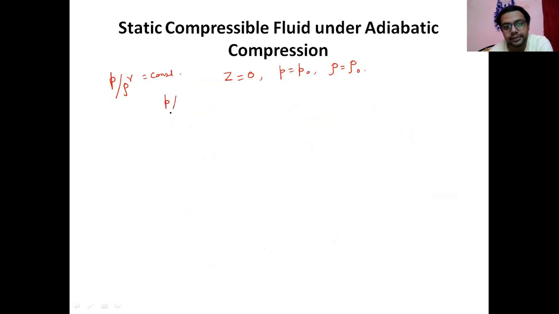So hence here P by rho to the power gamma is equal to P0 by rho 0 to the power gamma. The remaining task is the same way, dP dz is equal to minus rho g, that is the hydrostatic law. So here you have to replace the rho. How to replace the rho? You just write the equation in opposite, reciprocal form.